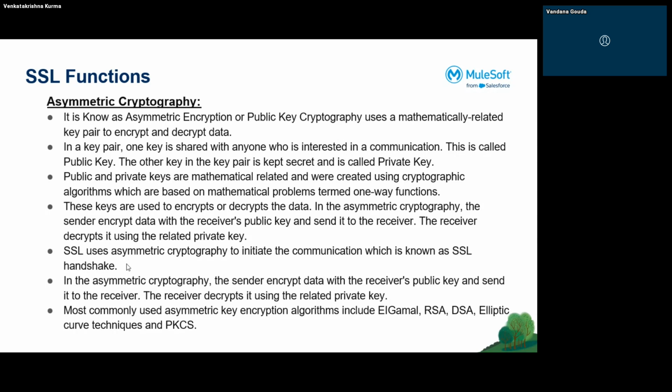That's why asymmetric cryptography works. The sender encrypts the data with the receiver's public key and sends it to the receiver. The receiver decrypts using the related private key. As I said, the private key stays with us, and the public key goes to whoever needs to connect to our system. That is the gist of this paragraph.